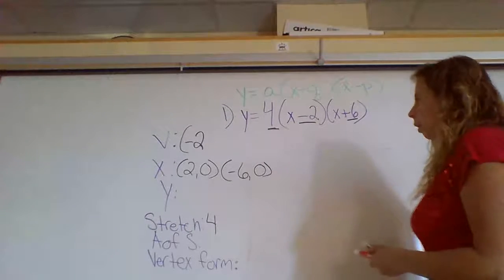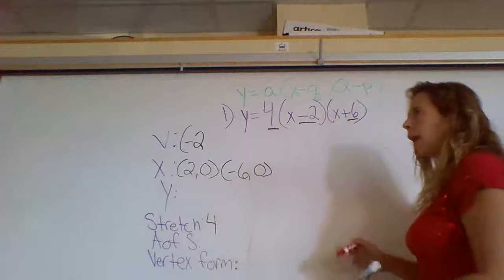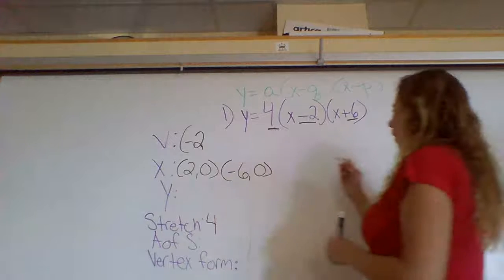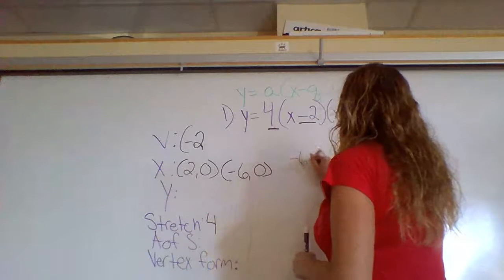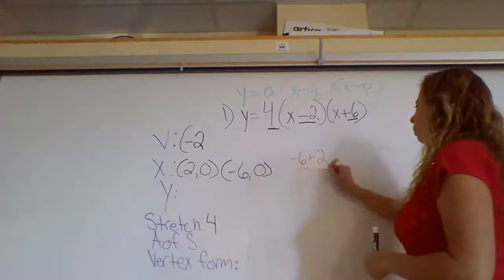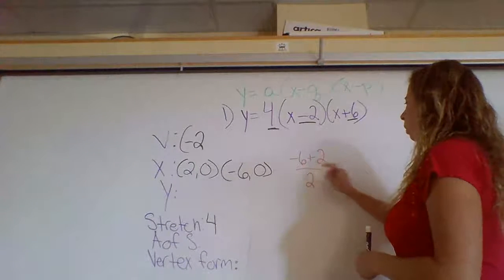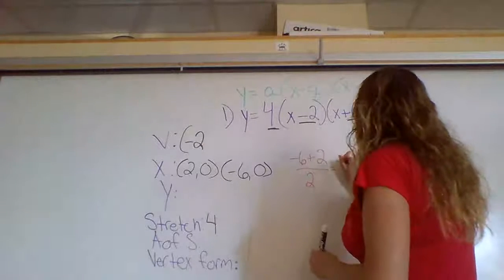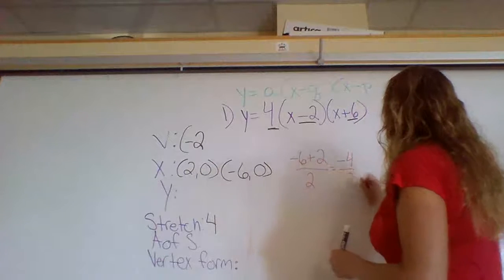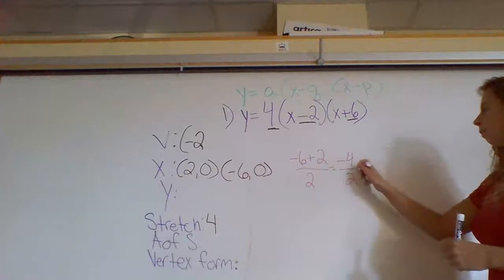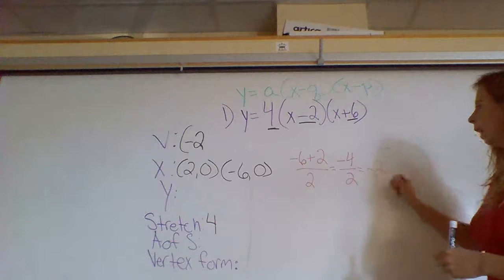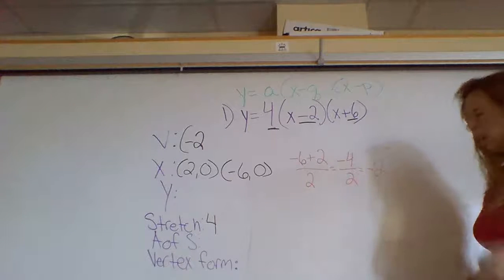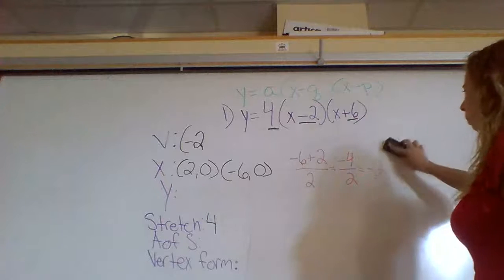But you take your x-intercepts, -6 and 2, you add them together, -6 plus 2, divided by 2. -6 plus 2 is -4, over 2, is -2. So you get the same thing. This way is going to be faster than writing them all out, theoretically. Or do it in your head, whatever floats your boat.